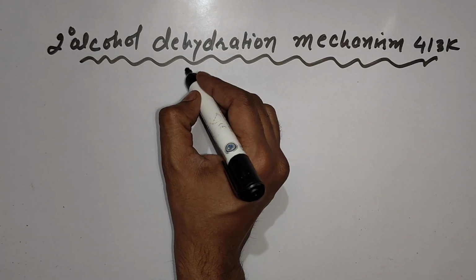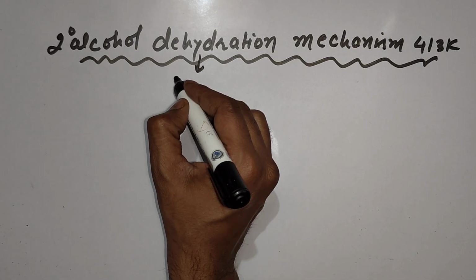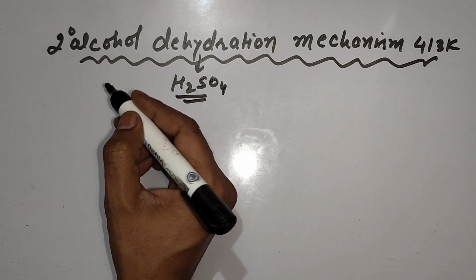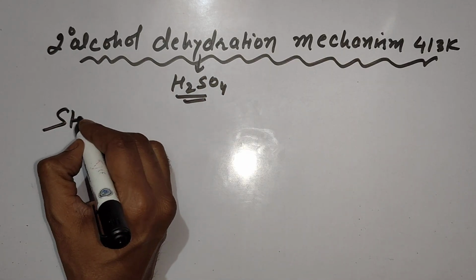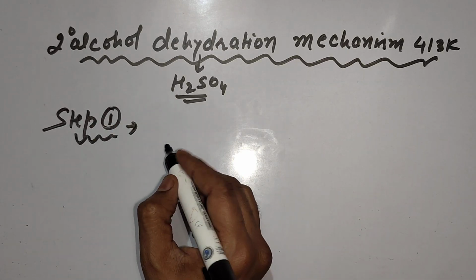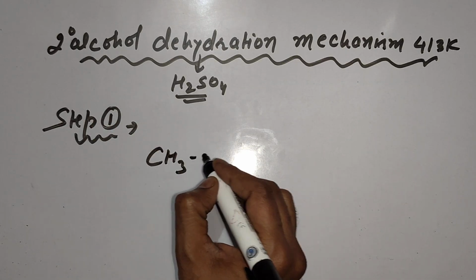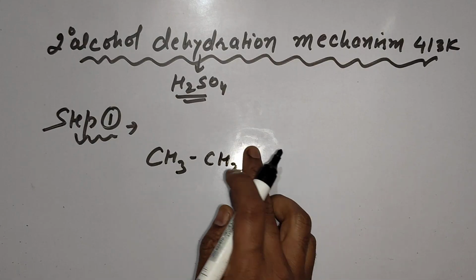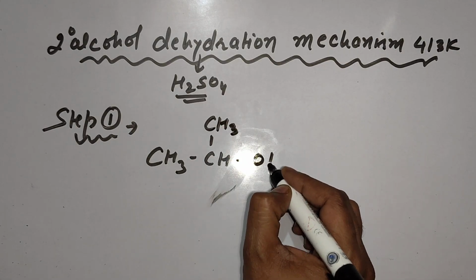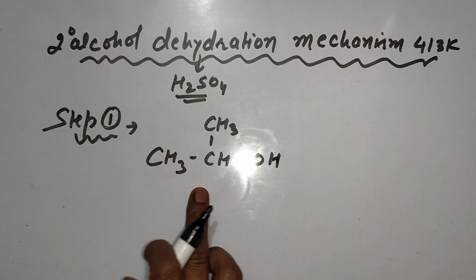As we know, we are performing dehydration in the presence of the catalyst sulfuric acid, H2SO4. So let's start step 1. I am using this 2 degree alcohol.